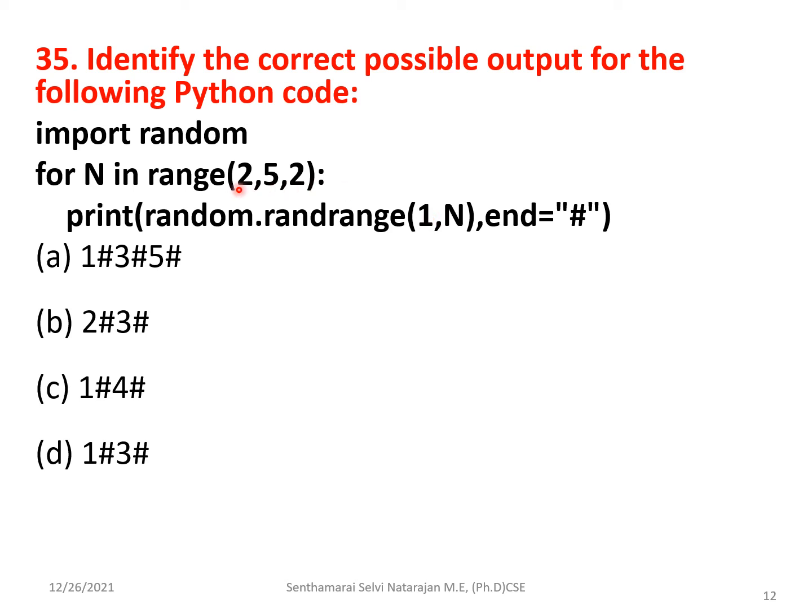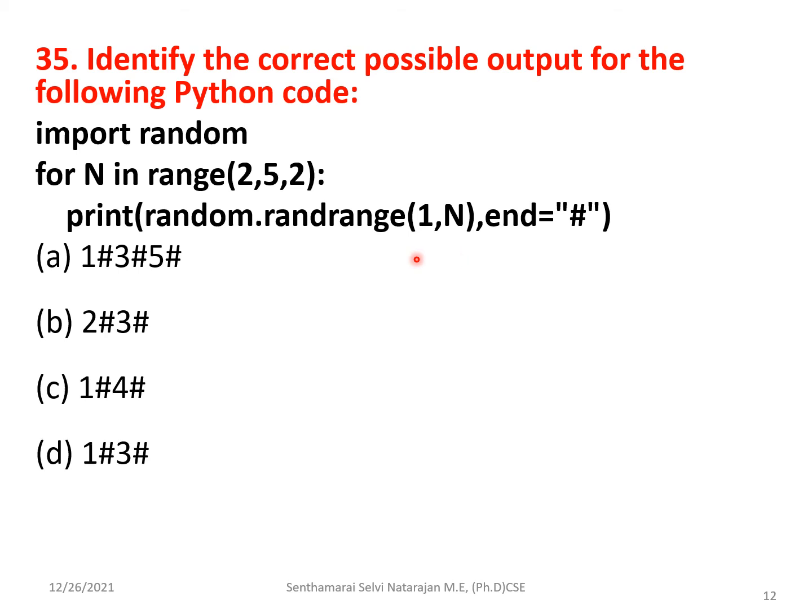Then moving to this point, range is from 2 and then to 5, increment in the range of 2. So it will be incrementing in the range of 2 only. So if the starting element is 1, then the next element will be adding 2, that is 3. So now you can neglect this option C. The next two answers are 1, 3, 5 and then 1 and 3.